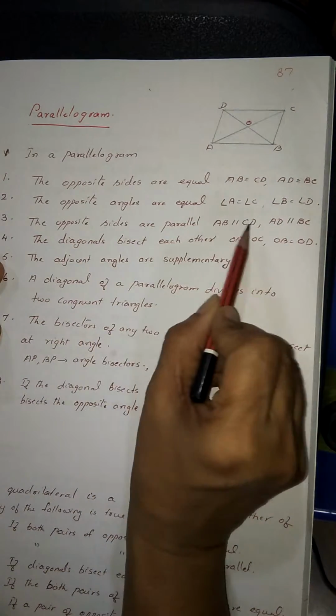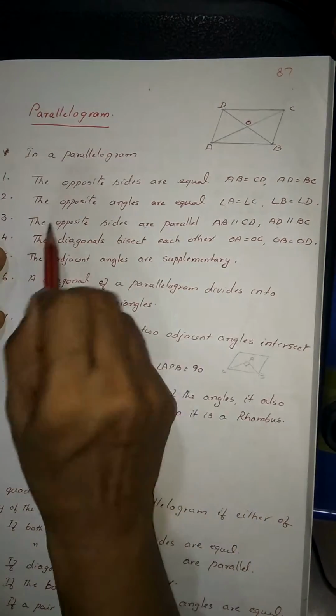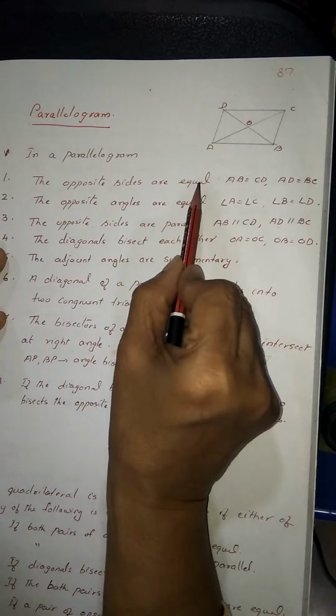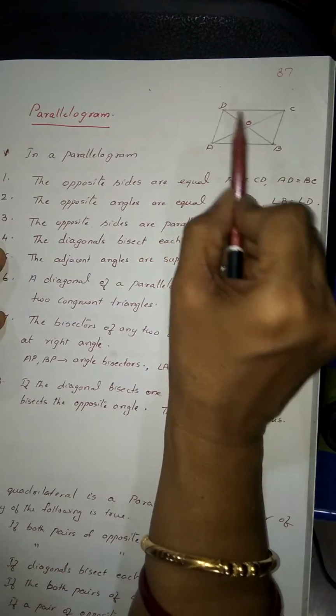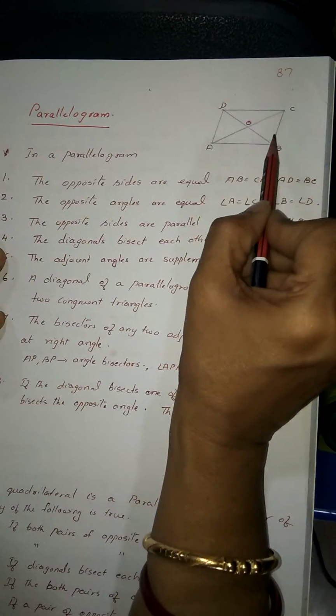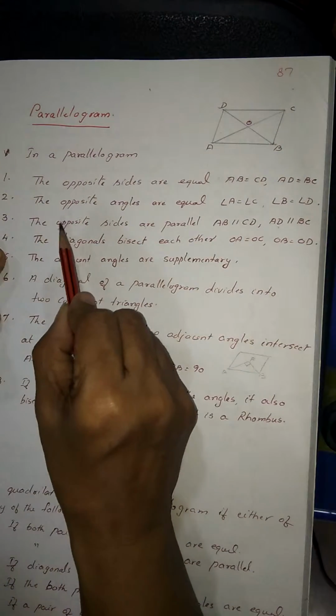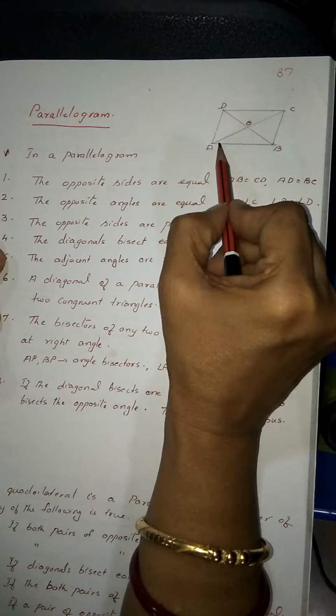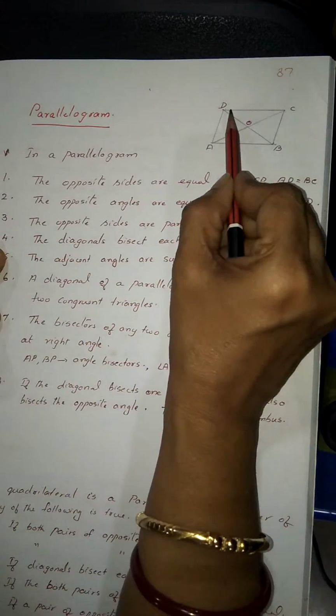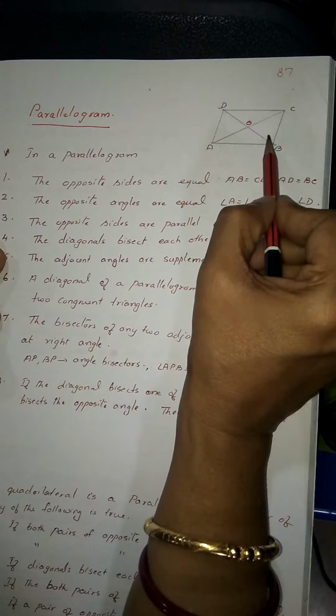Then another property is that opposite sides are equal. So, CD is equal to AB and AD is equal to BC. Now, opposite angles are equal. Angle A is equal to angle C and angle D is equal to angle B.